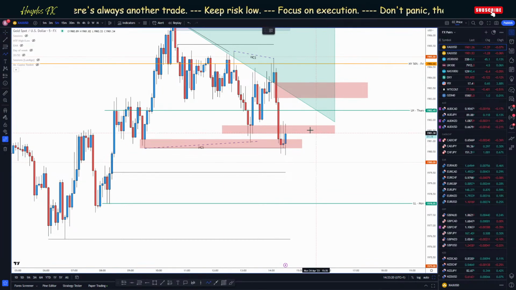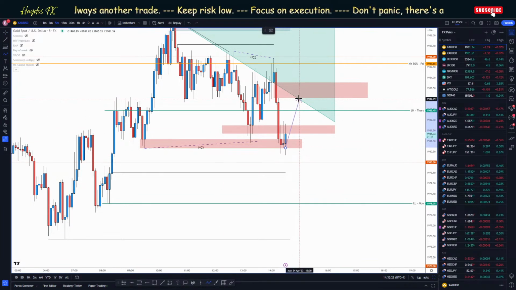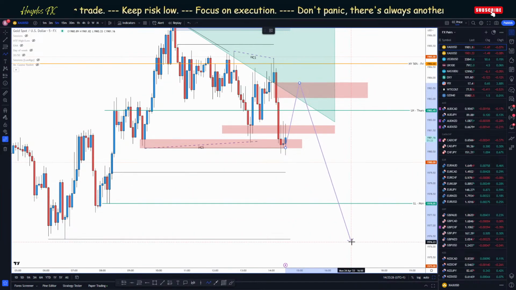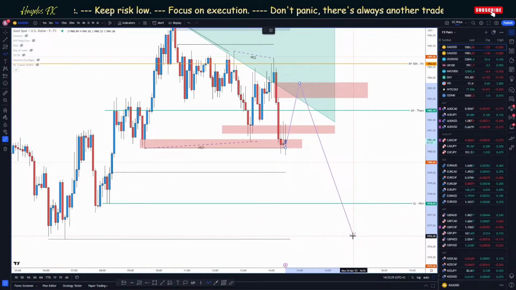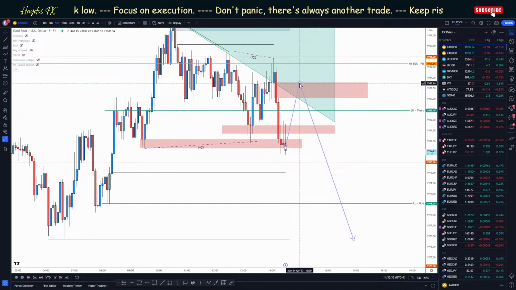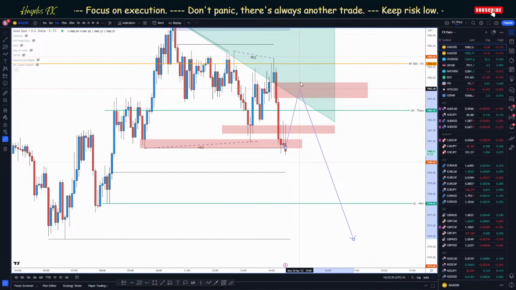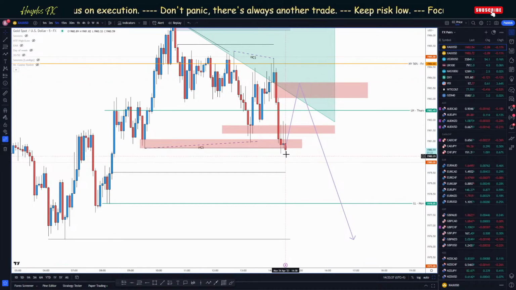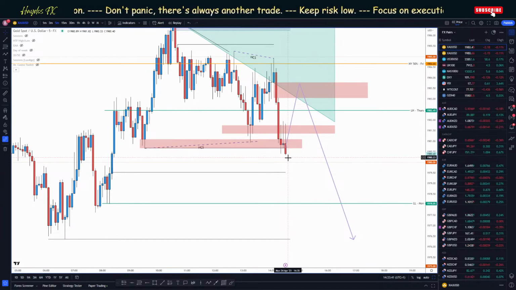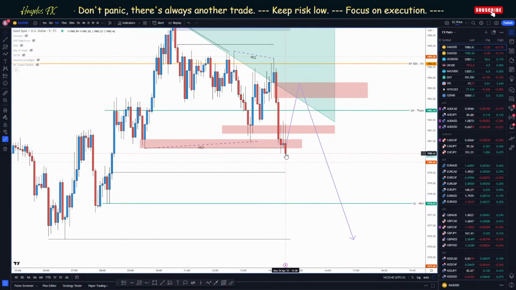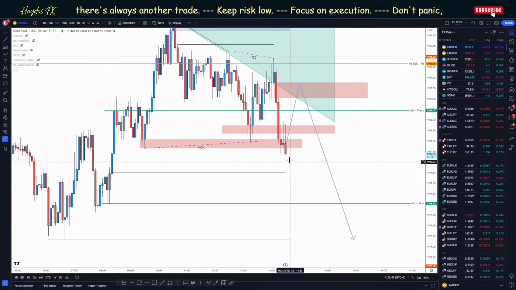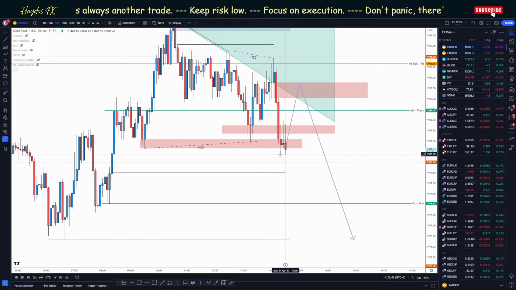So the idea is something like this. And this is the question. What I don't want is just to do a shallow retest and then use that volume to go down, which it might. Let's see if this 5 minute candle can close below.